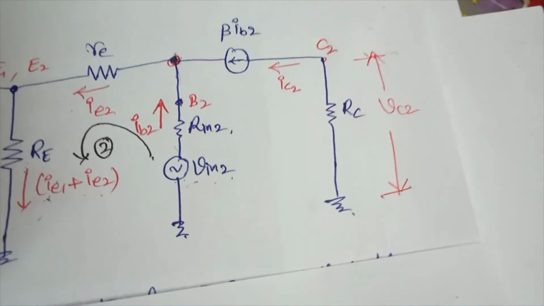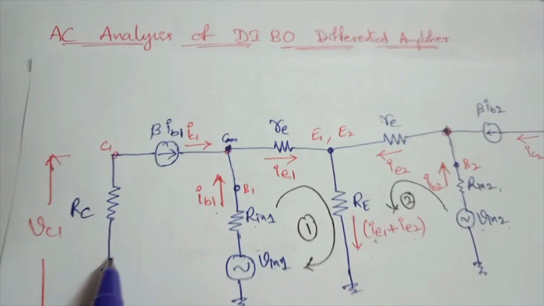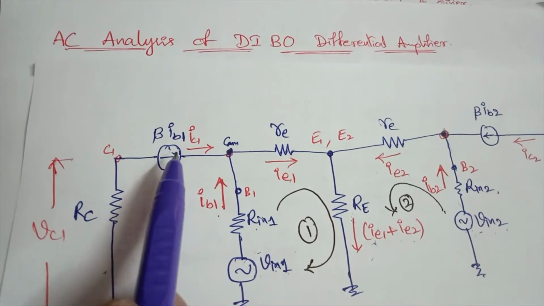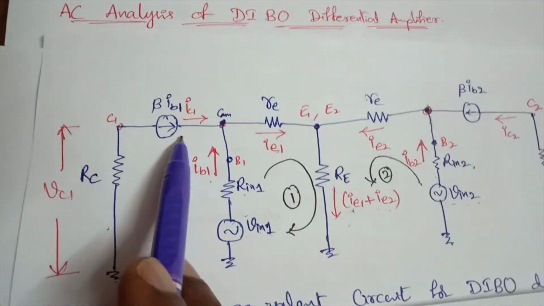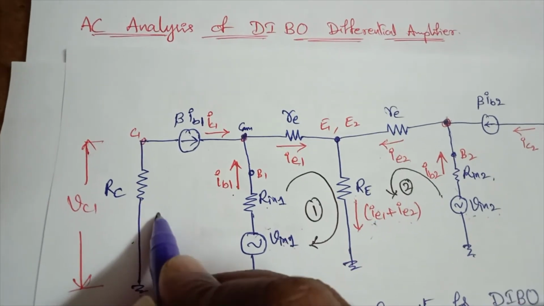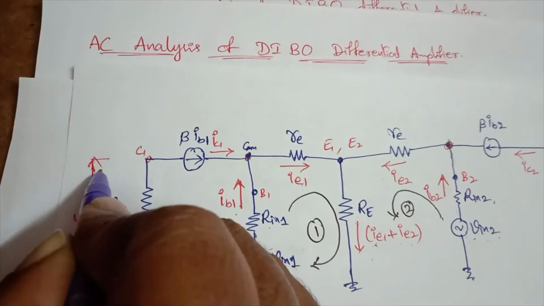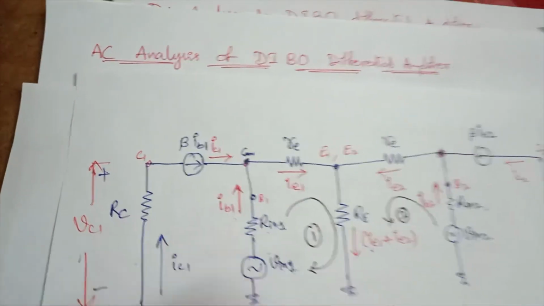Okay, so now VC1 value is nothing but the collector resistance into the current passing through the collector resistor, that is IC1. But here IC1 flows from ground to collector terminal, but the voltage we are measuring from collector terminal to ground.